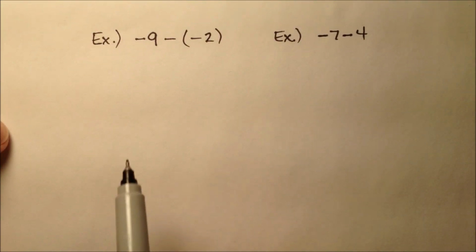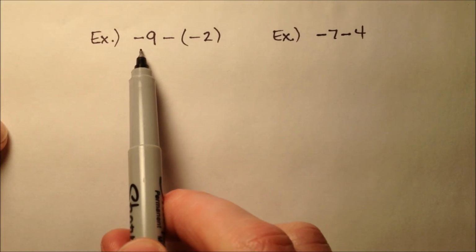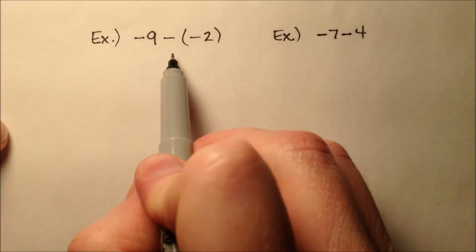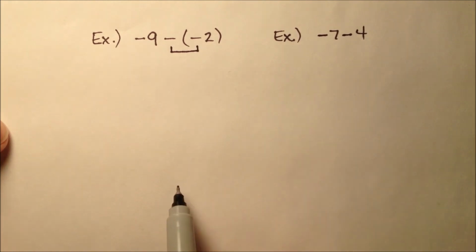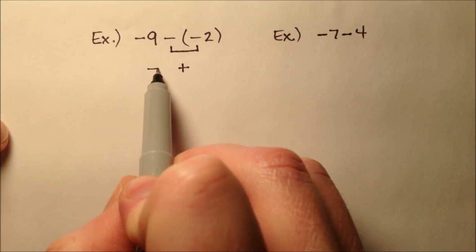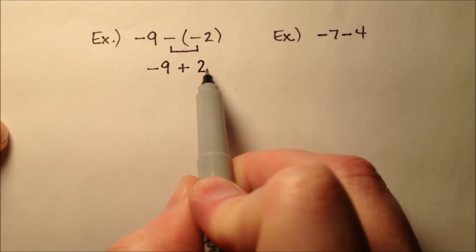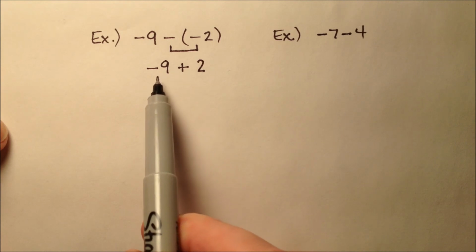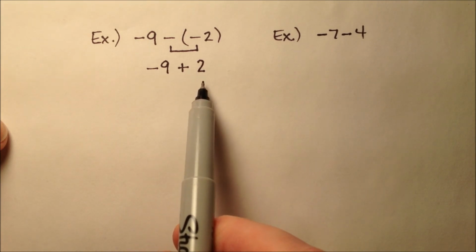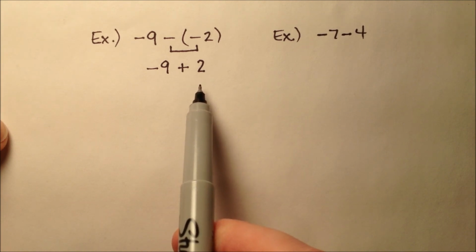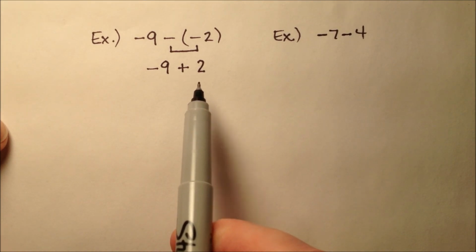In this next example, I have negative 9 and subtracting a negative 2. Once again, anytime that I have these two negative signs right next to each other, I'm going to change them into a positive sign, and the rest of my numbers are just going to come down. Now I just have an addition problem where I have one of the signs negative and one of the signs positive. So when I have opposite signs, I'm going to subtract their absolute values.